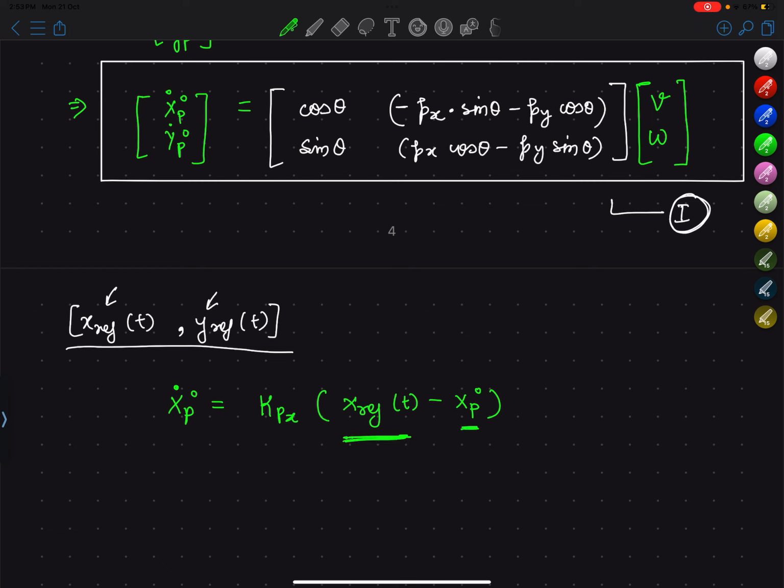We subtract them, basically the error, multiply it with the constant kpx, and give it to the velocity. We'll see why this works in later sections, but this is what the proportional controller does. All right, similarly we can write it for yp naught dot equal to kpy times yref(t) minus yp naught.